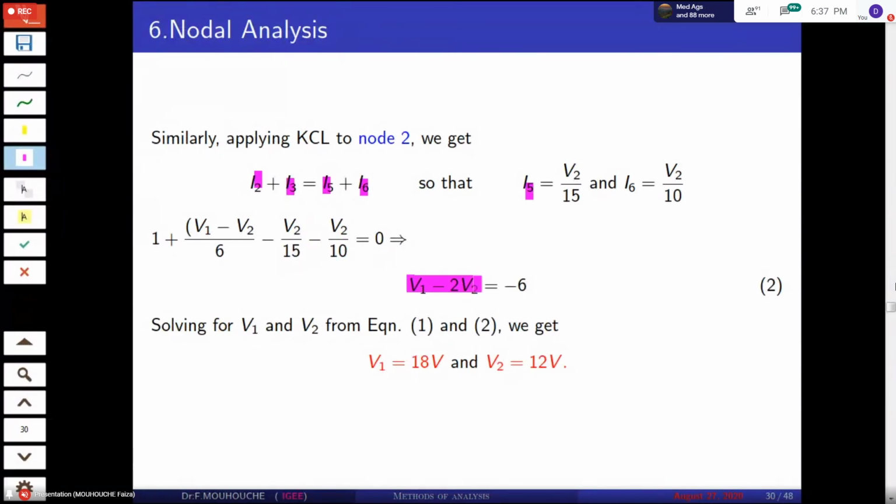The simplified equation is called number 2. Now we have two equations with two variables, so we can solve them and we will get V1 and V2, as shown here.